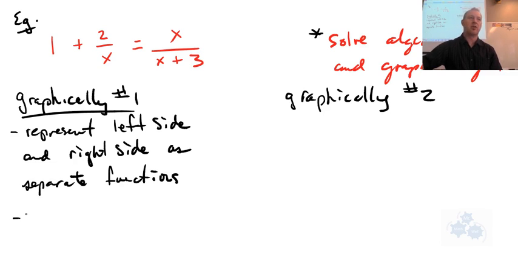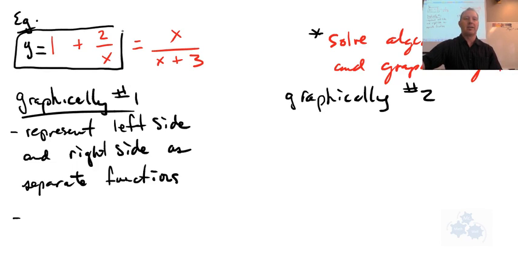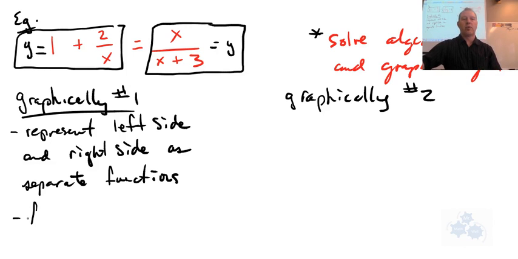Okay, so we want to find the corresponding function. This is just in terms of x. So it would be like y equals 1 plus 2 over x, right? And y equals x over x plus 3. So that's what graphically 1 is. And then, of course, we find intersection point or points.